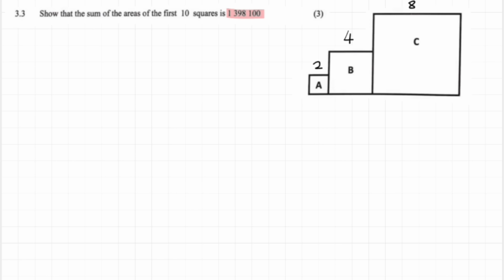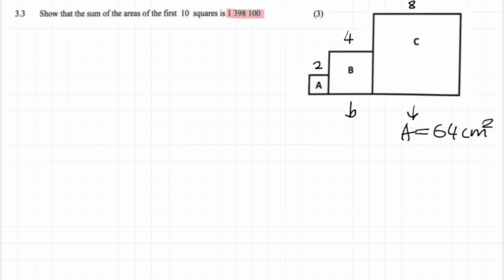Okay, good. So they want us to show that the sum of the areas of the first 10 squares, so we can make a pattern using the first three. We just found out in our previous question that the area of this one is 64 centimeters squared, so we need to find this one.